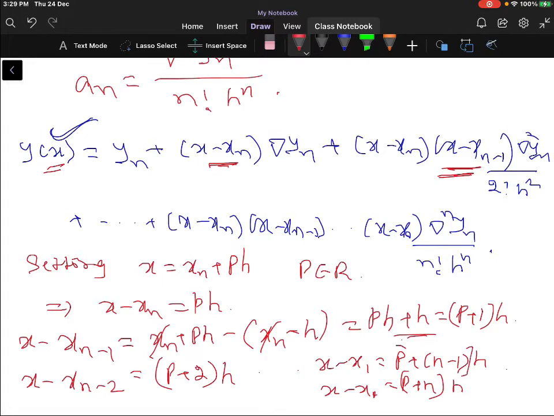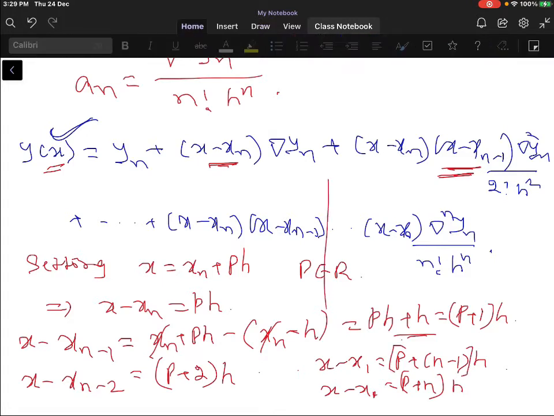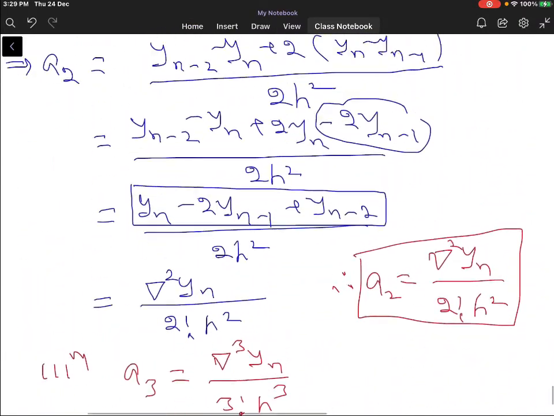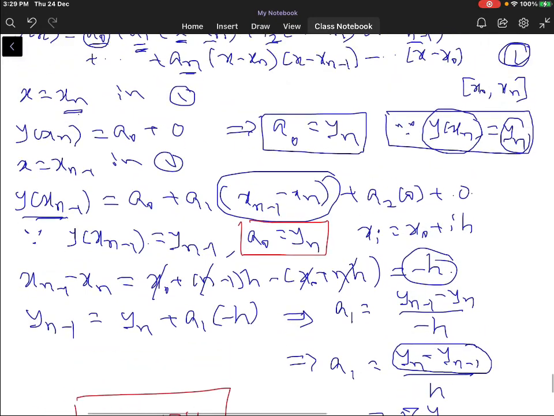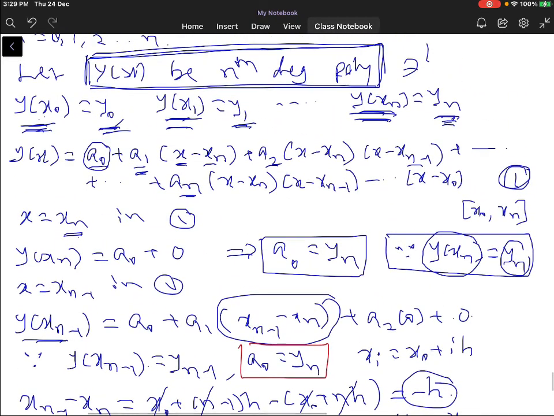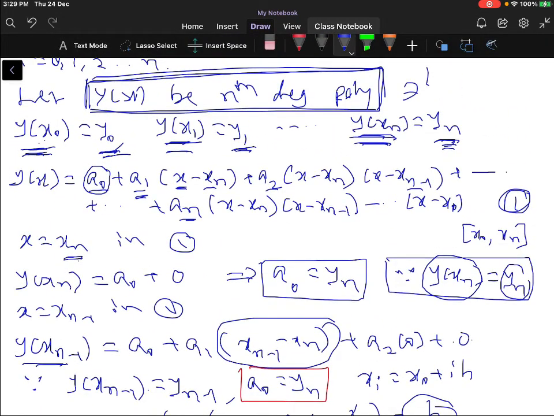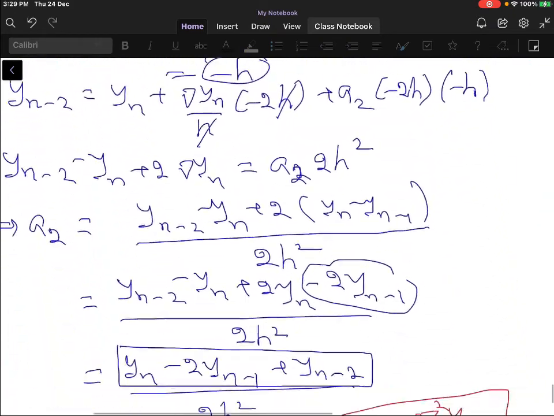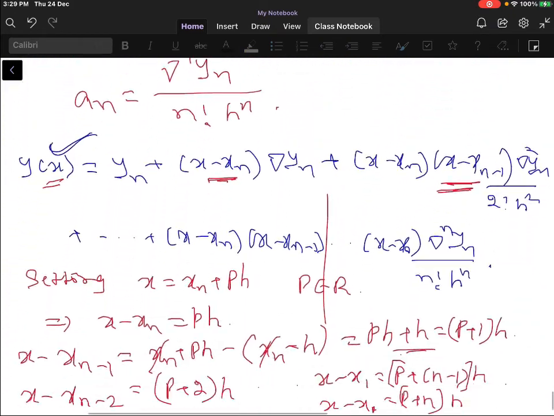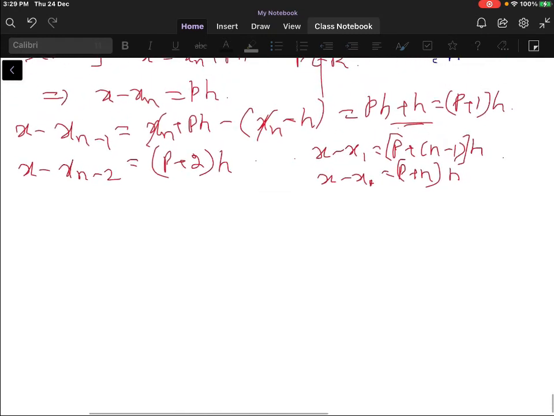Similarly, x minus x naught is p plus n into h. But here, in the equation, it is x minus x1, not x minus x naught.